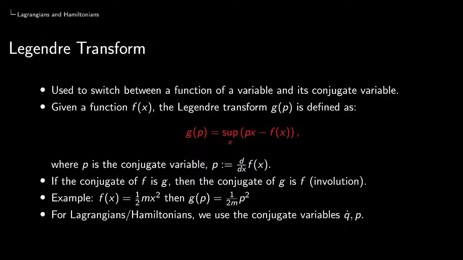Now, a fact about the Legendre transform is that it is an involution. So if you apply it once and then apply it again, you get back the same thing.